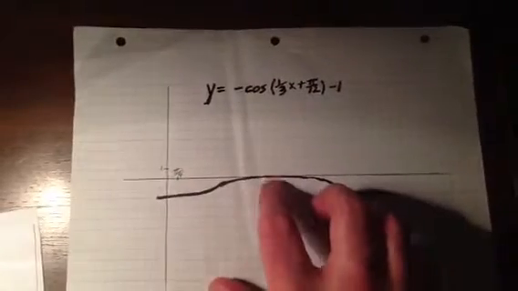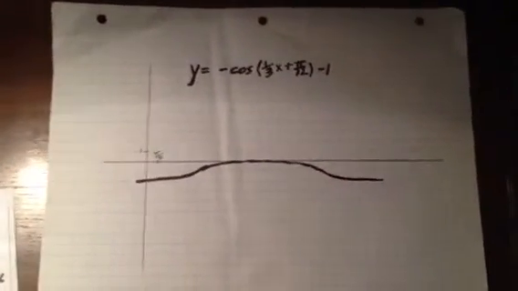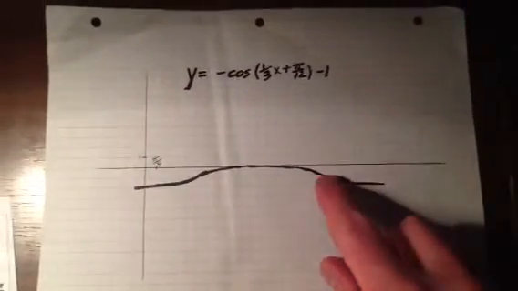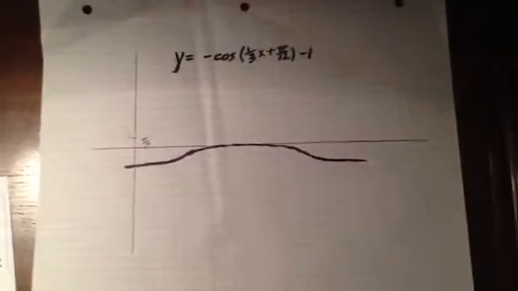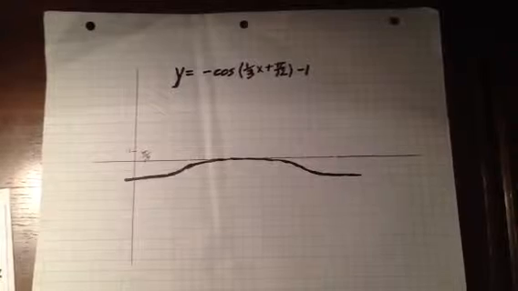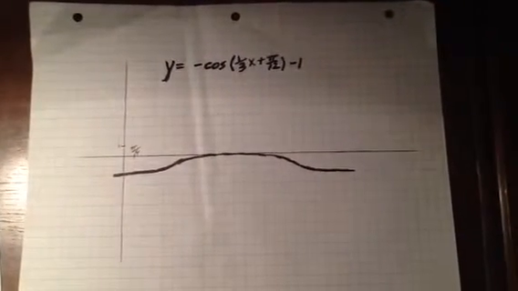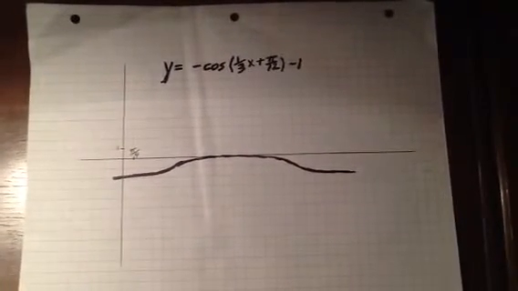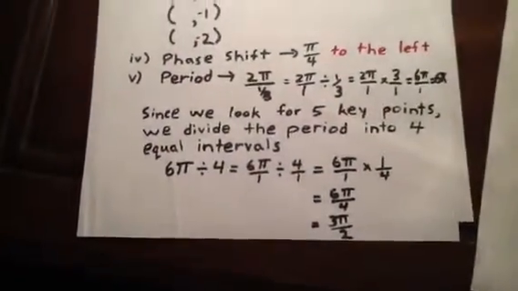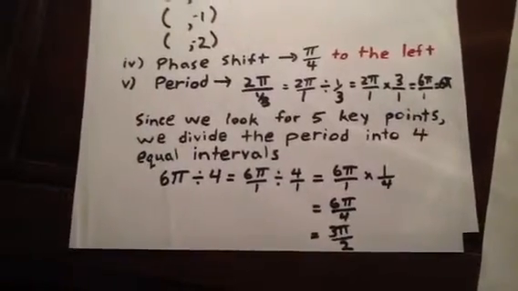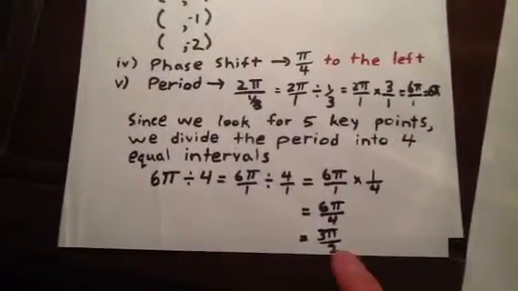Our third point will be another interval away. Our fourth point will be another interval away, and finally our last point will be another interval away. So although we have 5 points, we divide our period into 4 to get the length of 4 equal intervals. Dividing the period by 4, we get 6 pi divided by 4 is equal to 3 pi over 2.